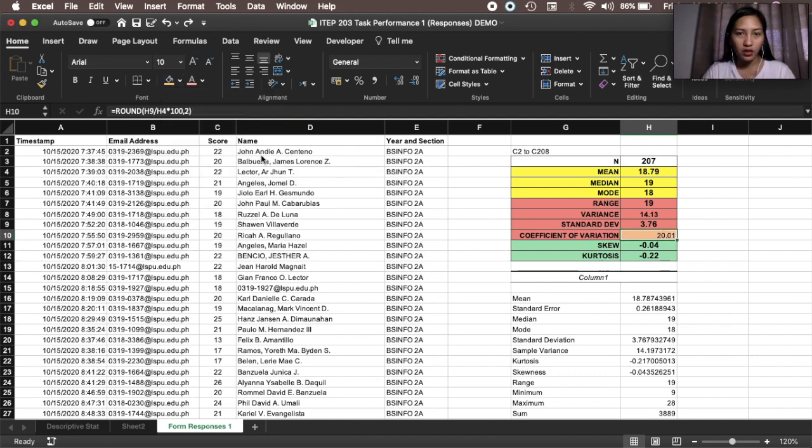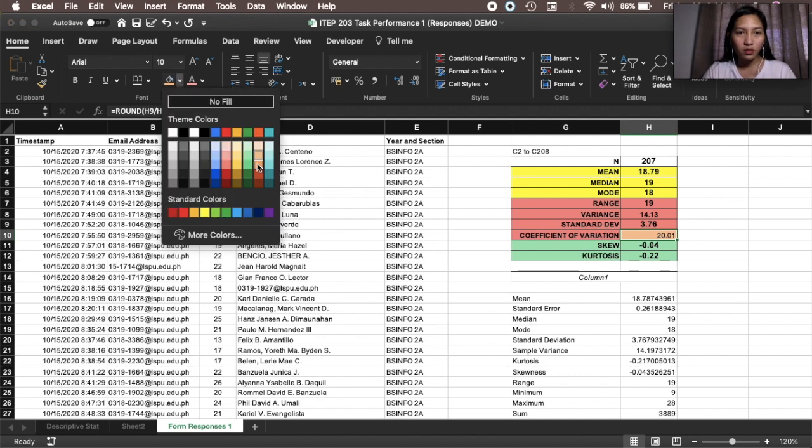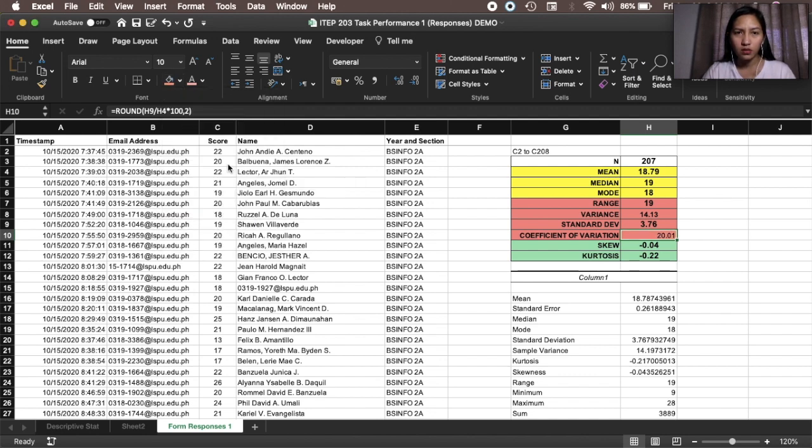So, ito siya. Yes. Okay, so yan yung kanyang coefficient of variation. Ngayon, it will not make sense, actually, yung measure of dispersion if you have no data to compare with the same nature.